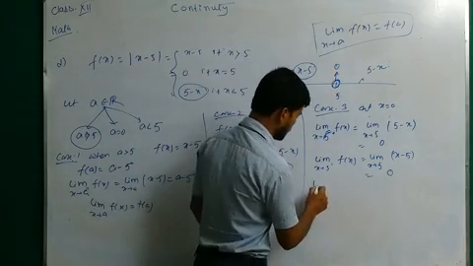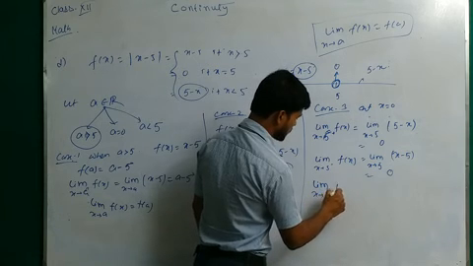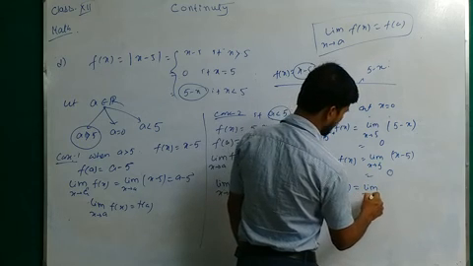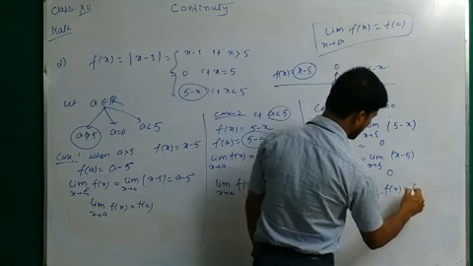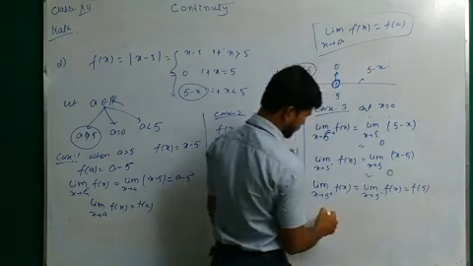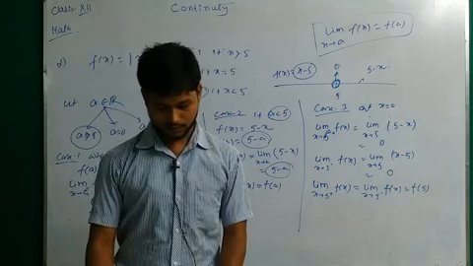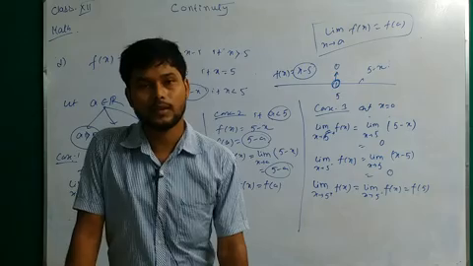So we can say that limit x tends to 5 plus f of x is equal to limit x tends to 5 minus f of x is equal to f of 5. So the function is continuous at x equal to 5 also. So the function is continuous for every value of x.